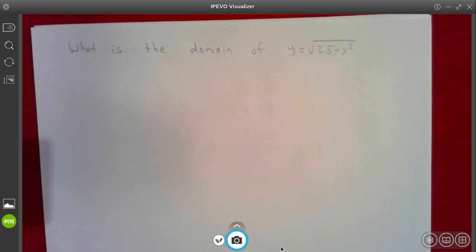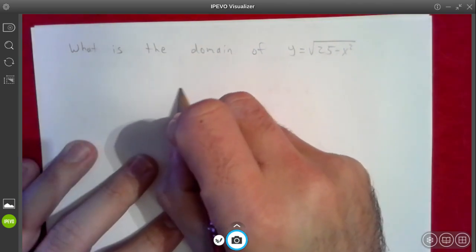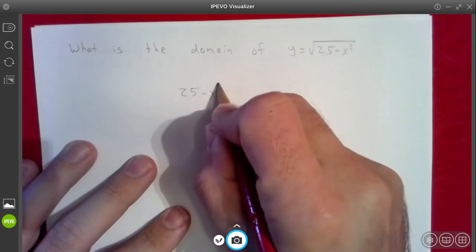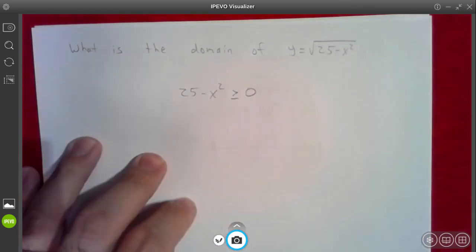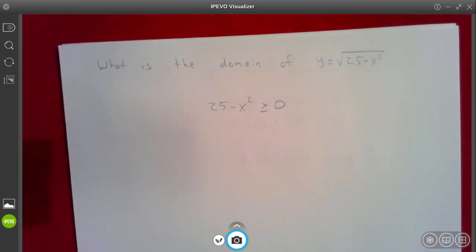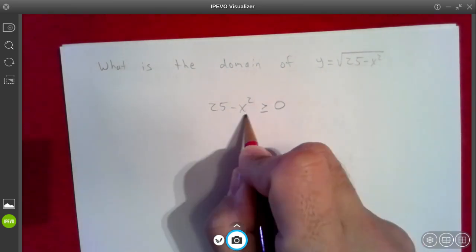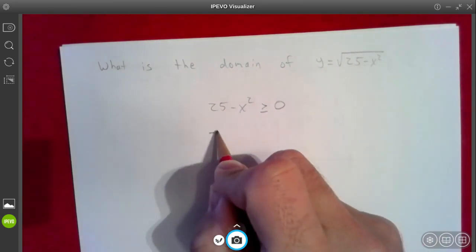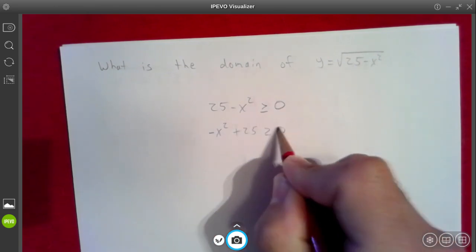Let's go ahead and find it out algebraically. All right, you got 25 minus x squared is greater than or equal to 0. This is what you're interested in. Let's see here. I'm going to rearrange this. I would think of it as negative x squared plus 25.